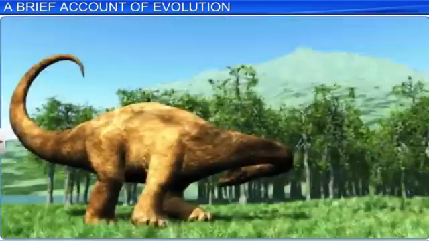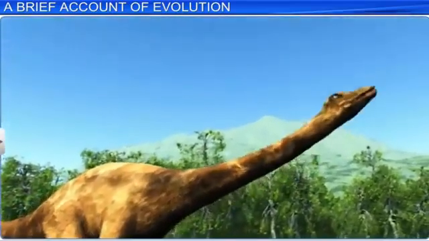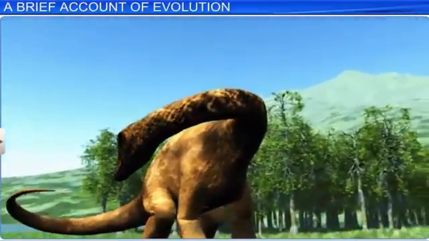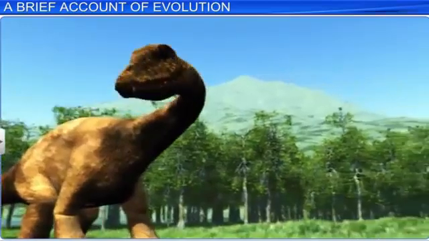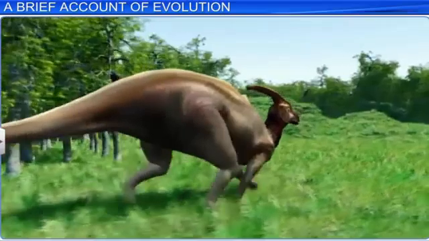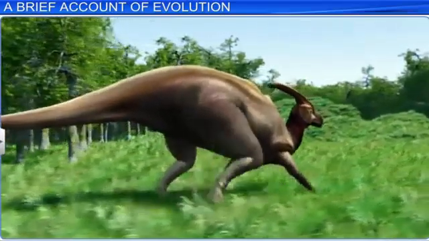Meanwhile, the land reptiles of the Mesozoic era were the famous dinosaurs with terrifying large teeth. They were a diverse group of reptiles which remained the most important terrestrial vertebrates for more than 160 million years.